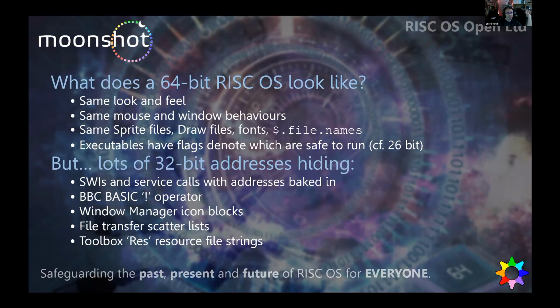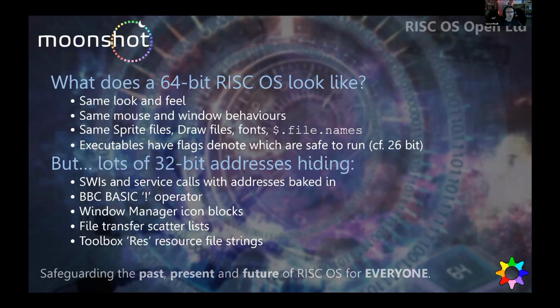Just like in the transition from 26 to 32-bit, software will just have extra little clues in it that say, I am 64-bit safe, so I know how to run on 64-bit. So you'll have some programs that aren't and some that are. And you might have another program like Aemulor that makes 32-bit programs work on a 64-bit computer.